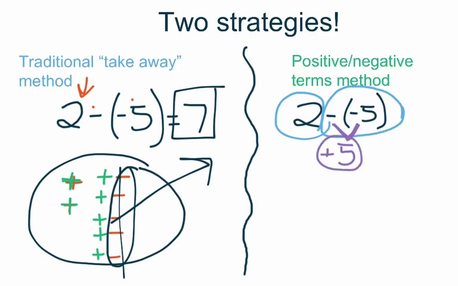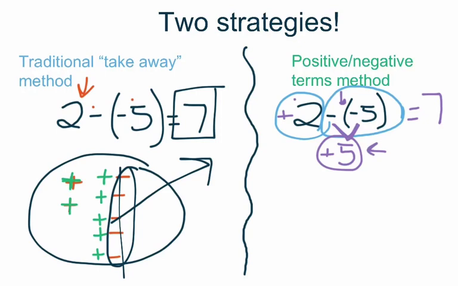So really what I have is 2 positives and 5 positives. Oh, hey, that's pretty simple. 2 positives, 5 positives, that equals 7. Okay, it became that addition problem that is much easier for some of us to solve than the subtraction problem, okay? So very important, remember that 2 negatives make a positive, okay?